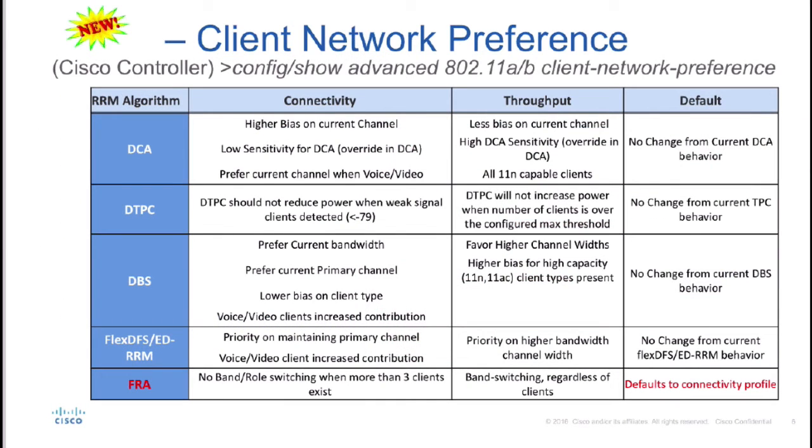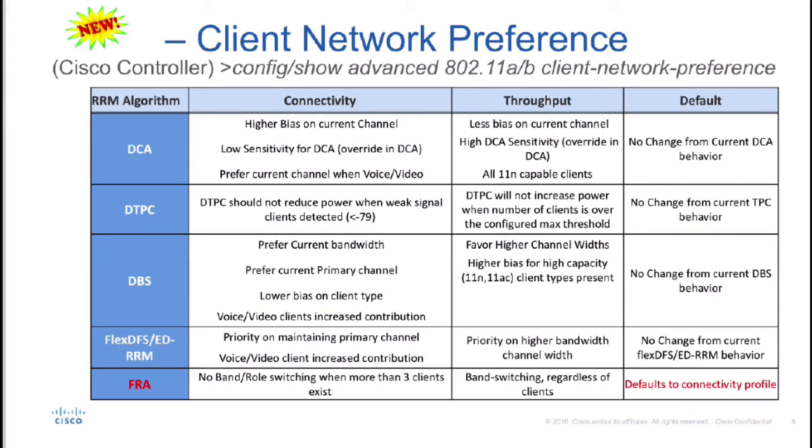What do we have over here? Yeah, this covers the client network preference, which is a new command in 8.2. And this basically is a personality update for DCA. The default is no change from current DCA behavior, current TPC behavior, current DBS behavior, or DFS EDRM behavior. However, FRA defaults to the connectivity profile.